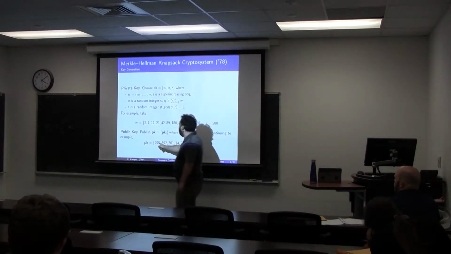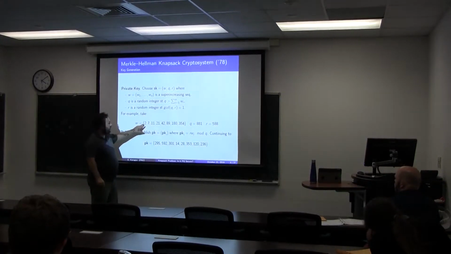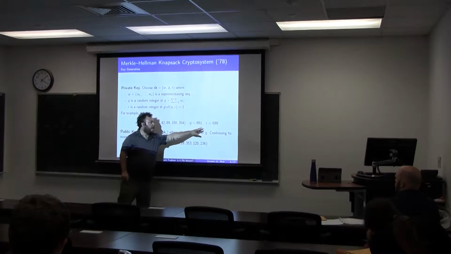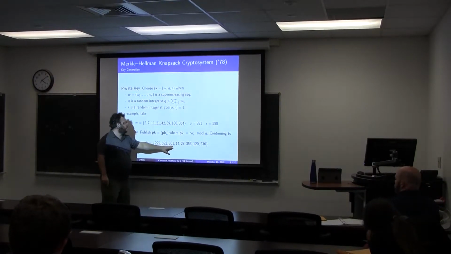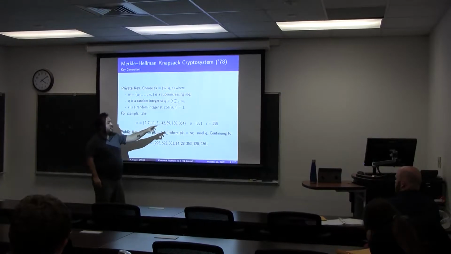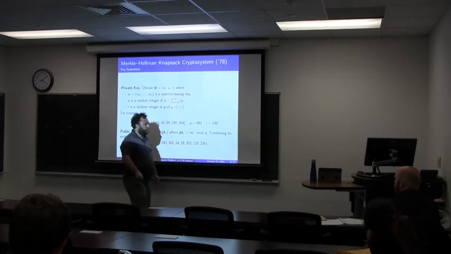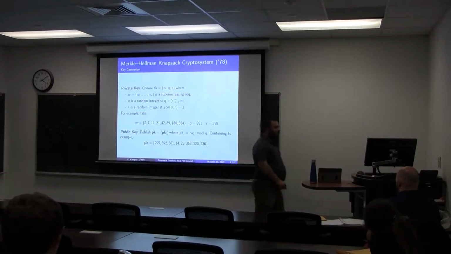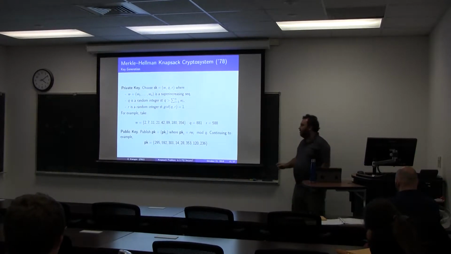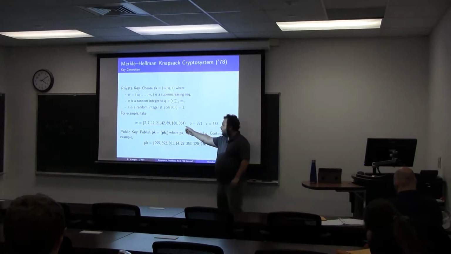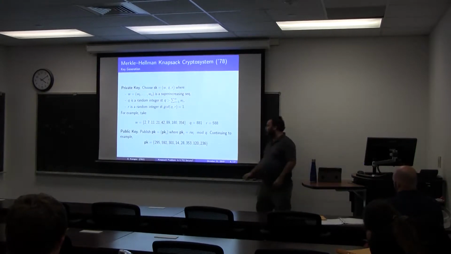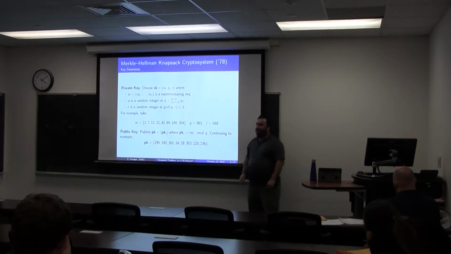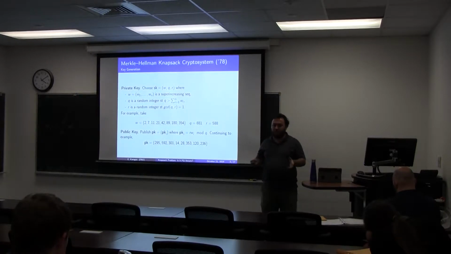Here, 295 is 2 times 588 in modulo 881, and 310 here is 11 times 588 in modulo q. As you see, the sequence w is super increasing, but this public key has no such property.